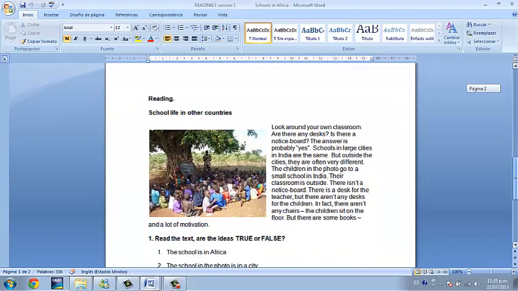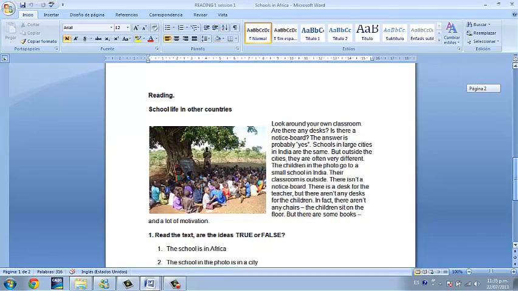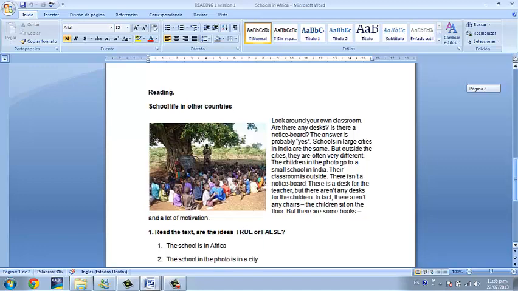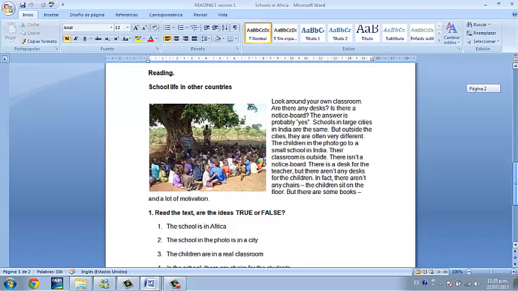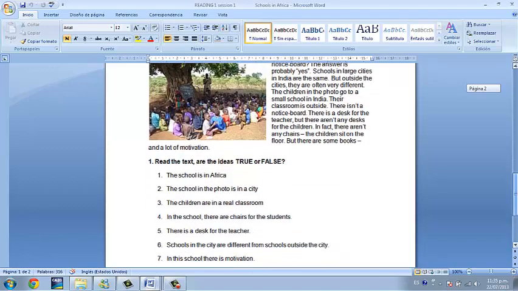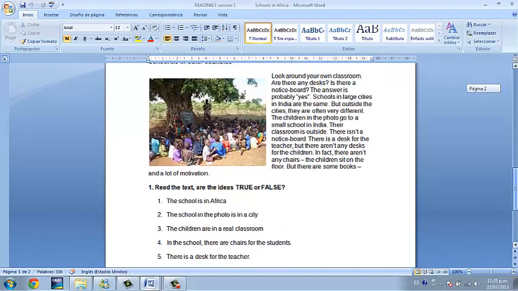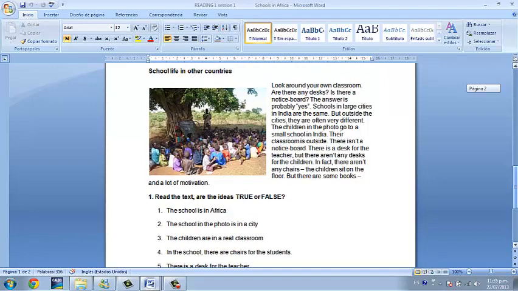Then we have a reading comprehension, a pretty short and easy reading comprehension, adjusted according to English 1. They just need to figure out if it is true or false. Pretty much the statements are explicit over there.